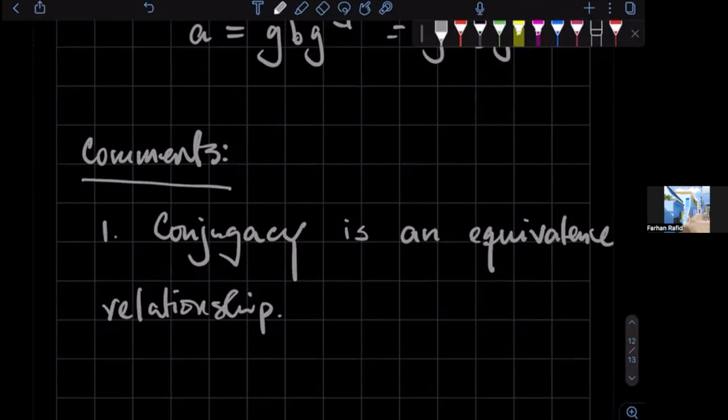So we will see that rotation by 90 degrees around the x-axis and rotation by 90 degrees around the y-axis are related by a conjugate. They are conjugate elements.